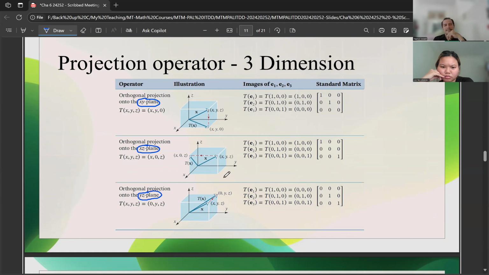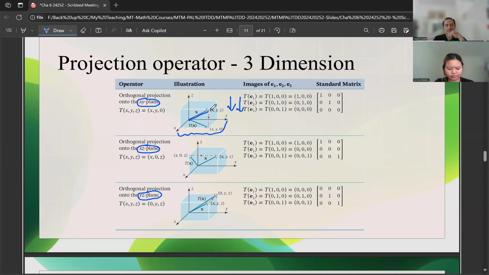Jadi seakan-akan ada bidang di sini, bidang XOY, dan vektor X itu diproyeksikan tegak lurus ke bawah. Jadi kita lihat seperti melihat dari atas ke bawah.